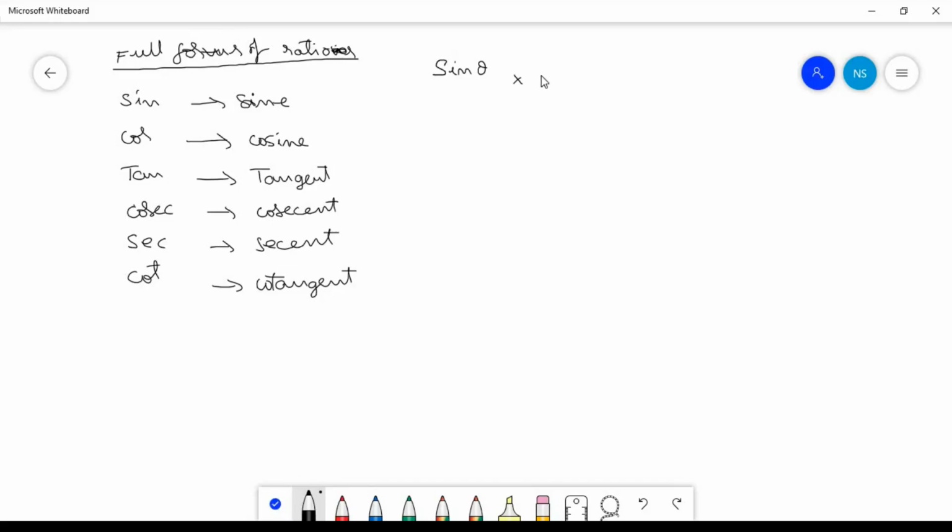Sin theta into cosecant theta is equal to AB by AC into AC by AB, which is equal to 1. That implies sine and cosec are reciprocals to each other.